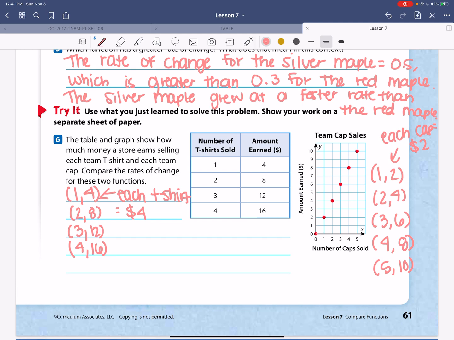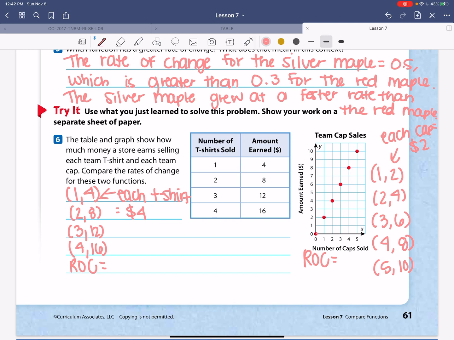But to find my rates of change for both, all I need to do is find the change in my amount earned over the change in the number of caps sold for the caps, and then find the change in the amount earned and the number of t-shirts sold.